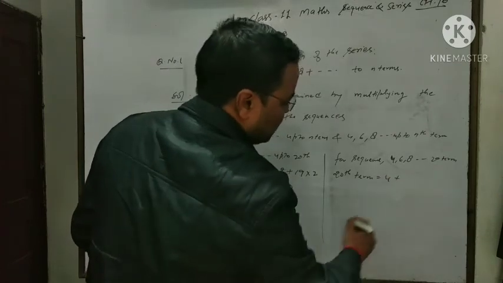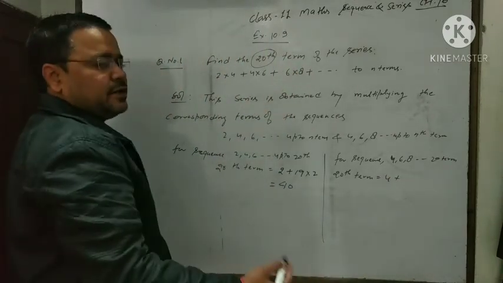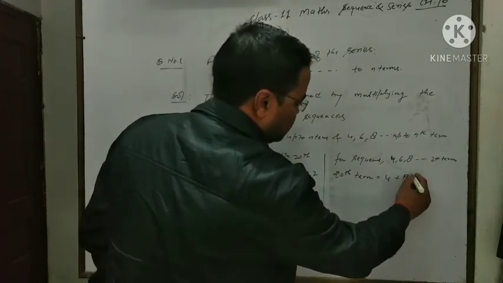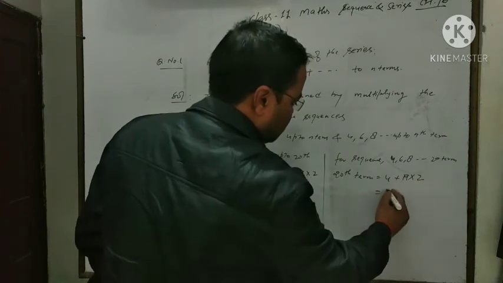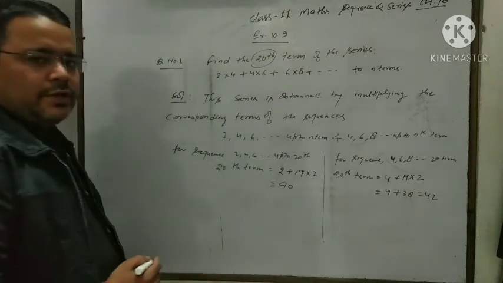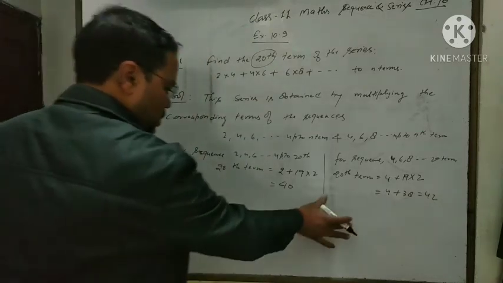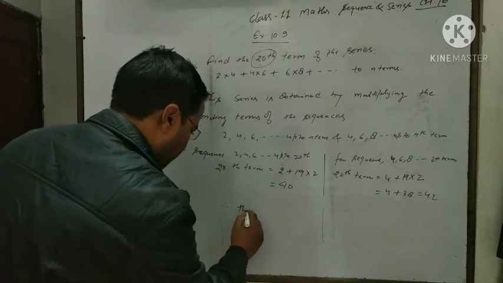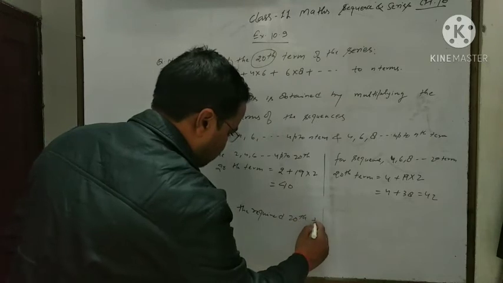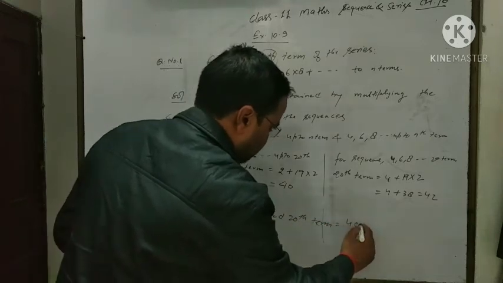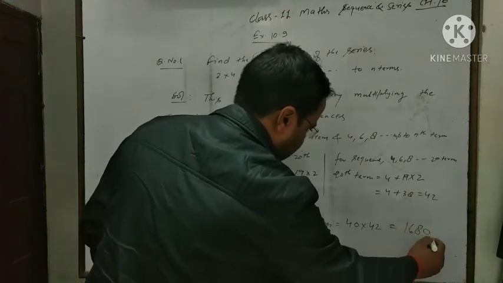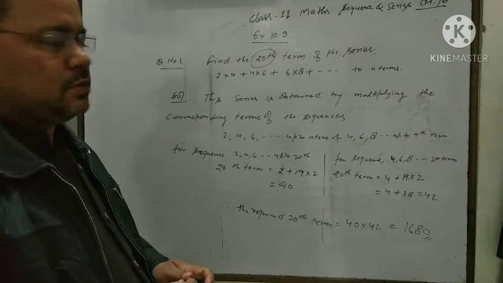Here it is 4 plus n minus 1, where n is 20, so 19 into d. Again the common difference is 2. It will be 4 plus 38, which is 42. Therefore, the required 20th term is equal to 40 into 42, which is 1680. This will be the answer of the question.